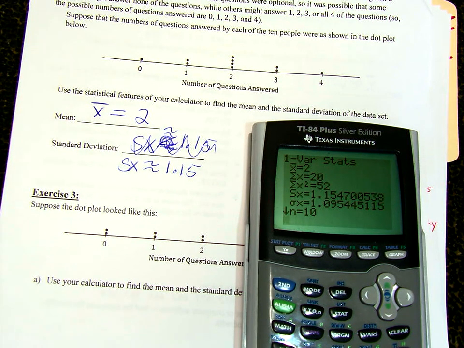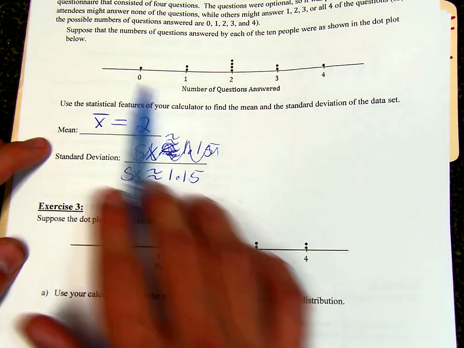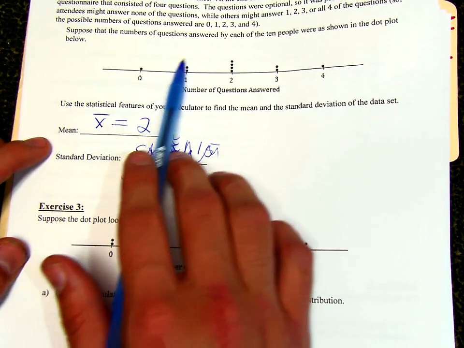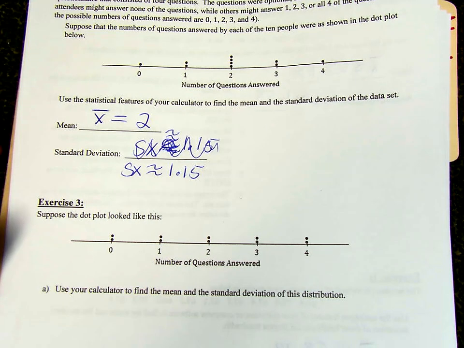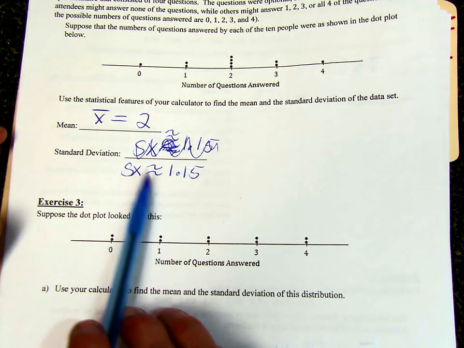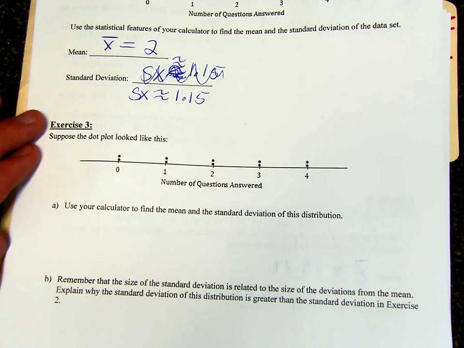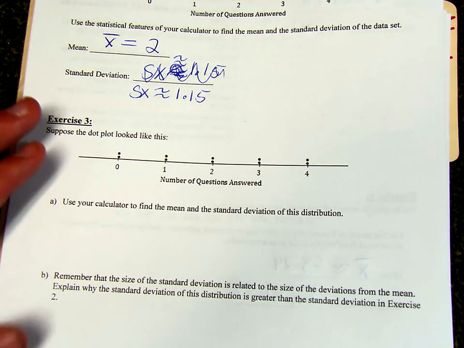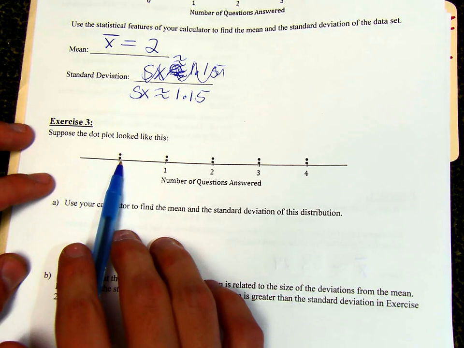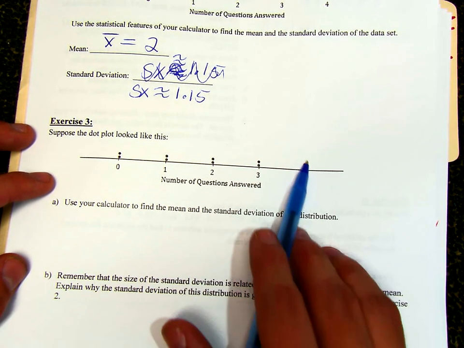Okay, so we looked at this here. If we look at this data set, it seems like it has that mound shape. We figured out our mean and our standard deviation. But now let's try a different one. It says, suppose the dot plot looked like this. So there's 2 dots at 0, 2 dots at 1, 2 dots at 2, 2 dots at 3, and 2 dots at 4.